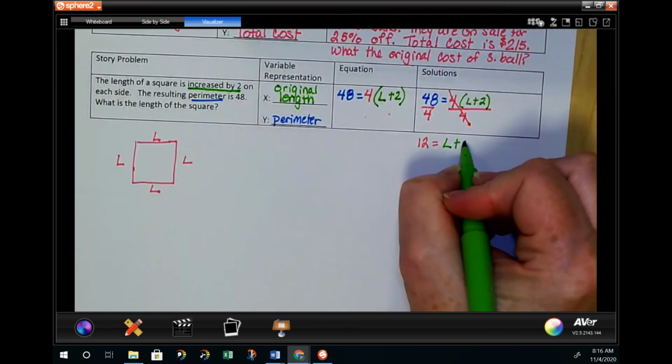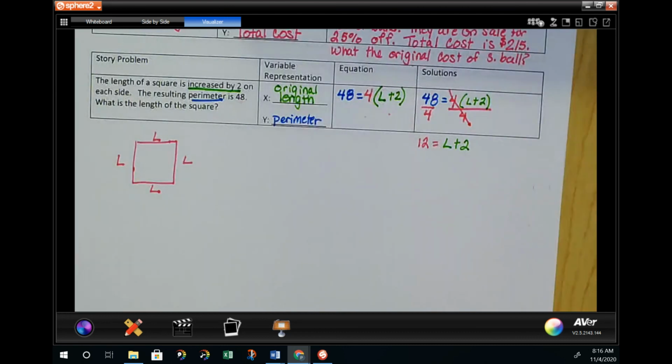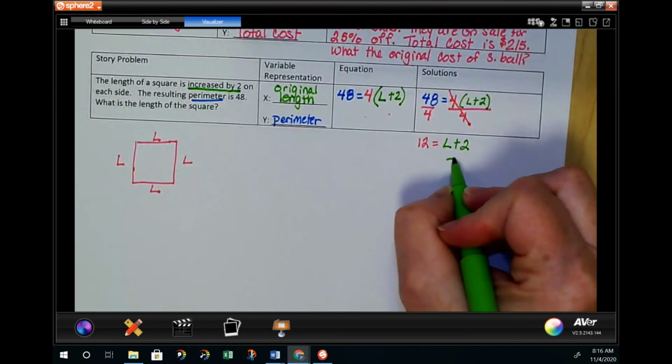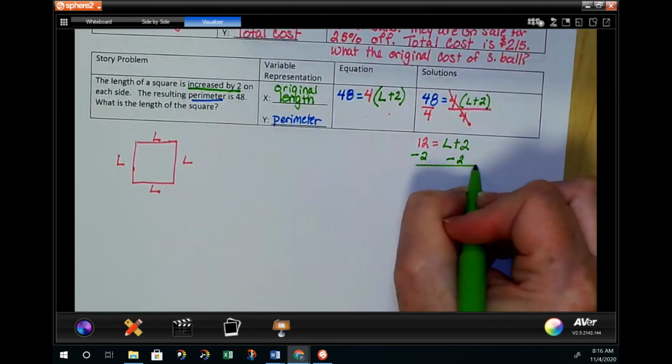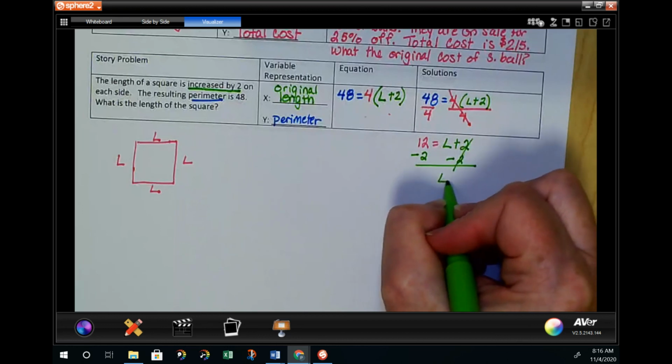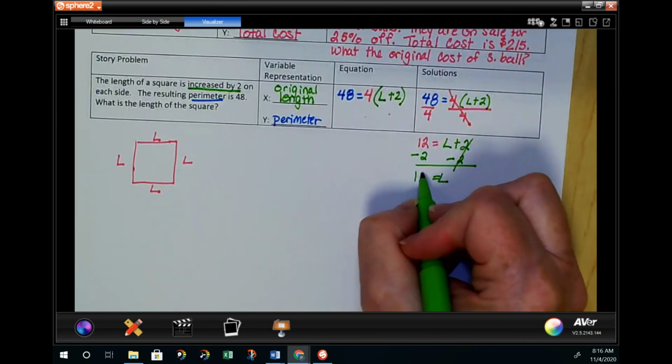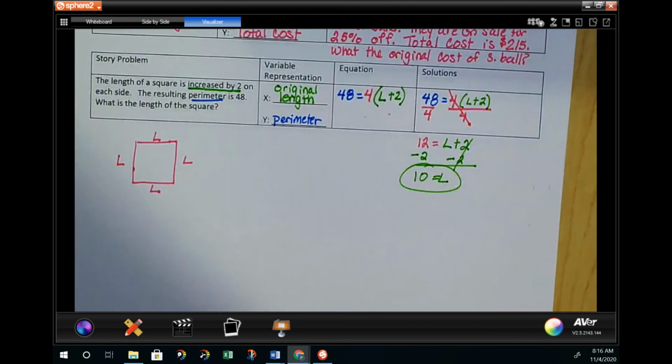Now we have to solve for the original length, so I subtract 2, and the original length is going to be 10. The original length of your square is 10, but I increased that by 2, and that's how I got that. So that original length is 10.